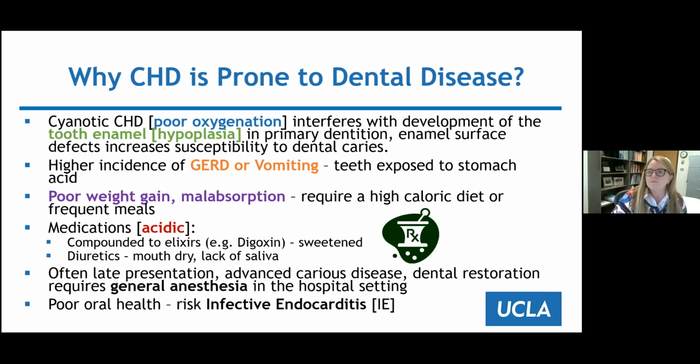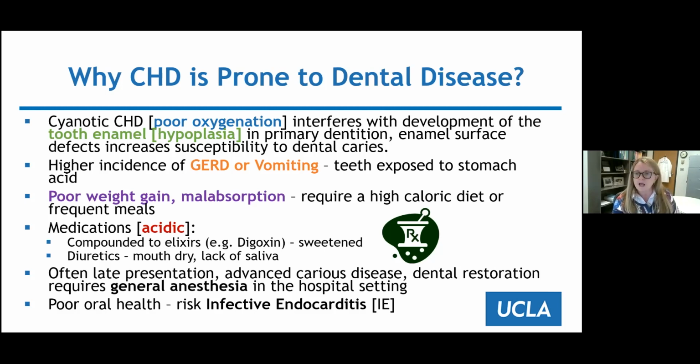So their teeth can be exposed to stomach acids from either regurgitation or vomiting. As I mentioned before, poor weight gain, malabsorption, your cardiac output is poor going to your gut. You're not going to be able to break down your foods well and absorb the requirements that you need.